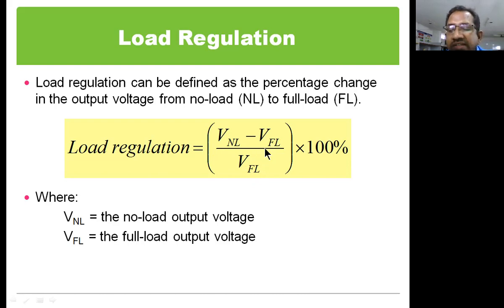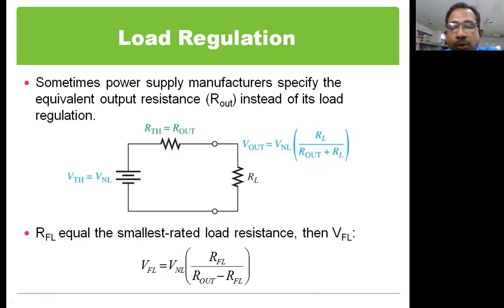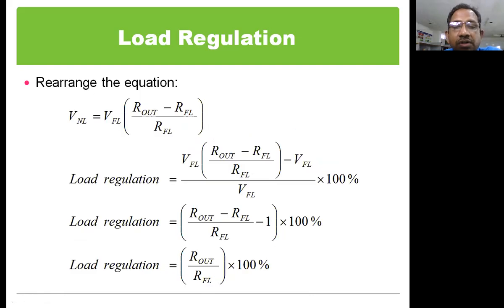When you connect some resistor over there, definitely, as the resistor is going to draw some current, the voltage is going to decrease. So the formula for voltage load regulation is V no load minus V full load by V full load. A very useful and very important formula for us to write in the examination.